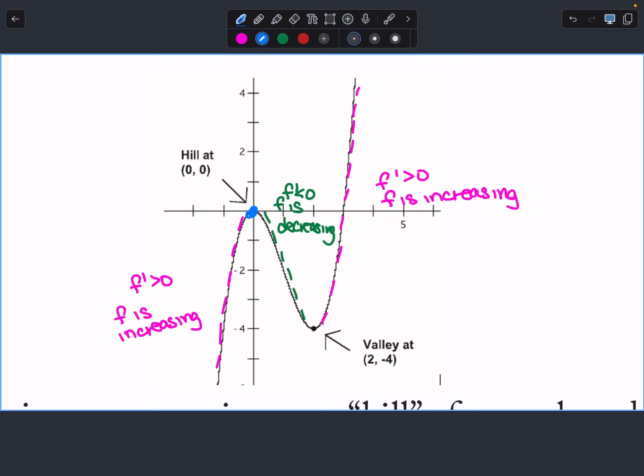Because I changed from increasing to decreasing, we would say that this coordinate point is where f has a relative maximum. And this is also where f prime was equal to 0.